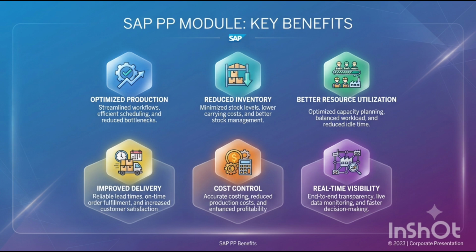Companies also achieve reduced lead times and higher customer satisfaction. Overall, a well implemented SAP PP system makes the entire organization more efficient, agile, and competitive in the real market.